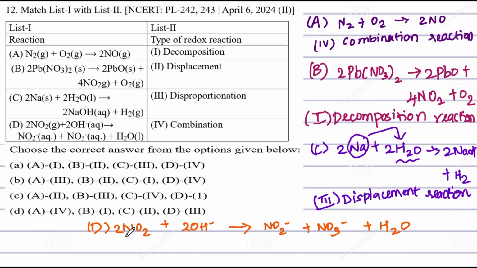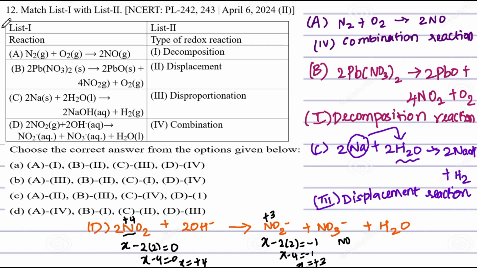How will you find the oxidation state? For the unknown element it is X, and the oxidation state of oxygen is -2 and 2 atoms are there and everything is equal to 0. So X minus 4 equal to 0, the value of X is +4. So here the oxidation state of nitrogen is +4. Then X minus 2 into 2, here the charge is -1. So X minus 4 equal to -1, X is equal to +3. So here the oxidation state is +3.